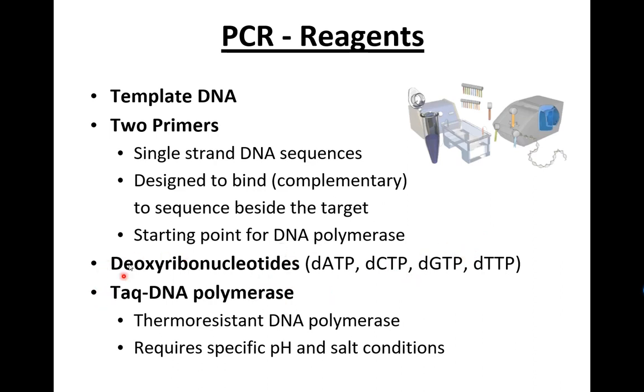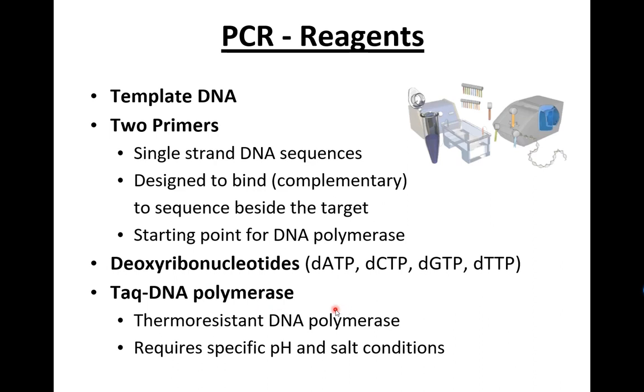And then the enzyme. It's actually the DNA polymerase that was discovered in the bacterium Thermus aquaticus, hence the name Taq DNA polymerase, which can live at very, very high temperature.